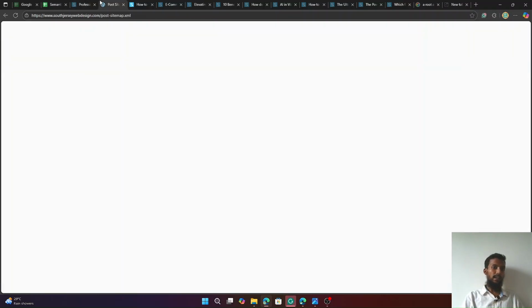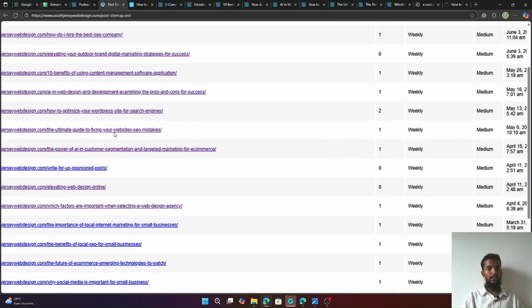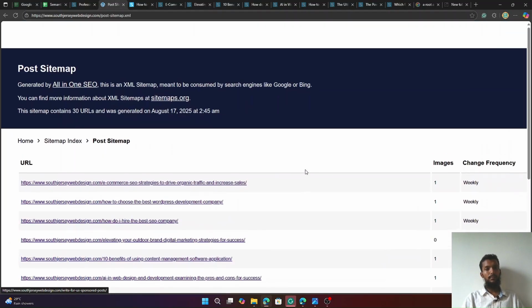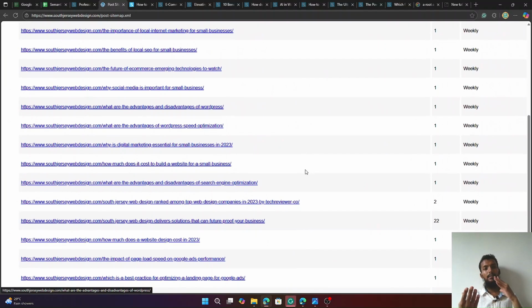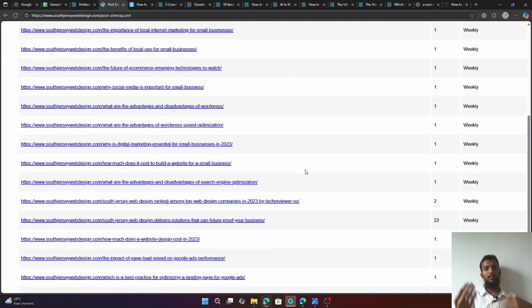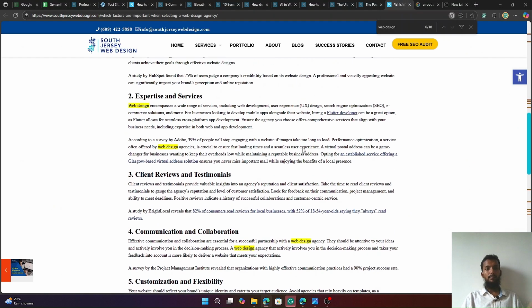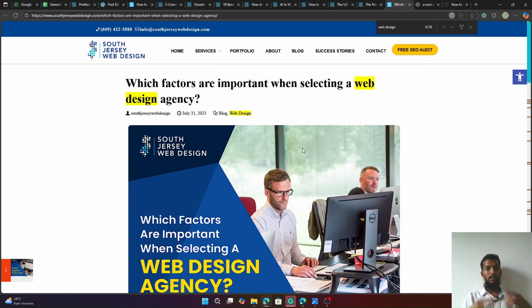But when I go through their sitemap, I couldn't find any article that is like the pillar or the root. So in that case they are missing out on this. But for this article, "Which factors are important when selecting...", as they have multiple services, instead of "web design agency", they can write "digital marketing agency in South Jersey or New Jersey."